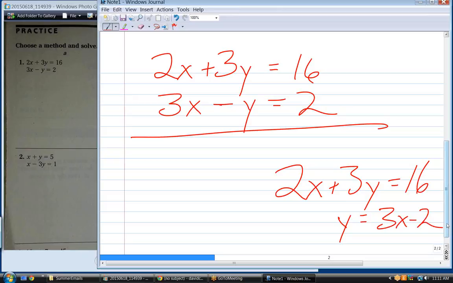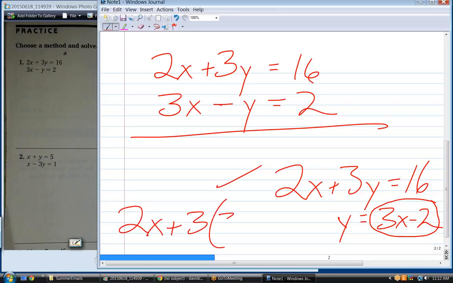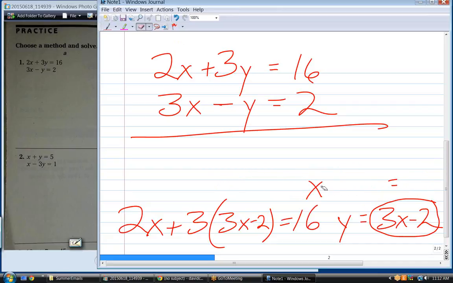If one of the two equations is already solved for one of the variables, like the second one is, I know what y is, then I can take that and substitute it into the first equation, and I can say 2x plus 3, and instead of writing y, I'm going to write 3x minus 2. That's equal to 16. Well, now that gives me only one equation and one unknown. I know how to solve that.